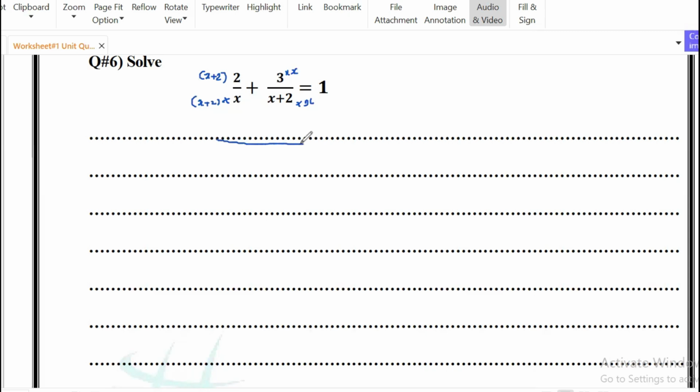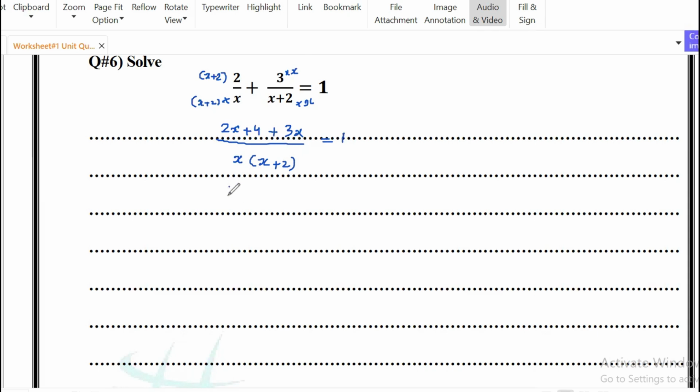It means the down we have x times (x plus 2). This is our LCM. And here we have 2x, I'm just solving as well. So 2x plus 4 and 3x is equal to 1.